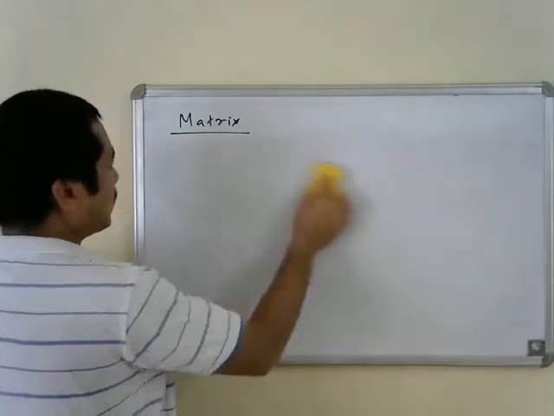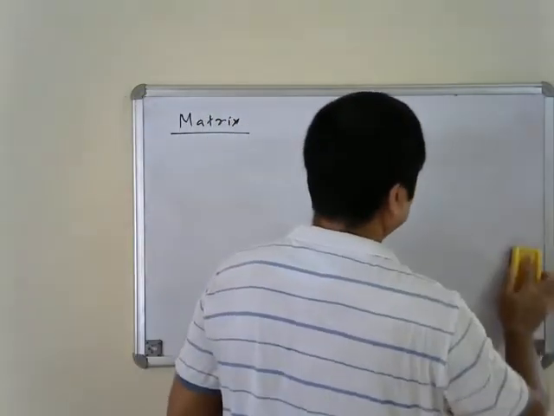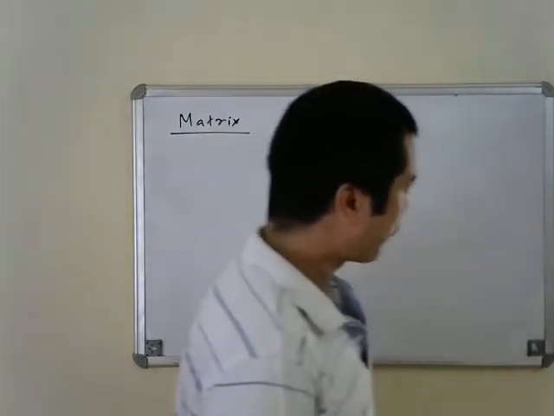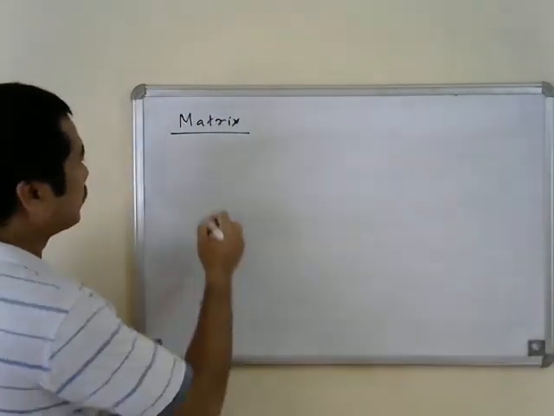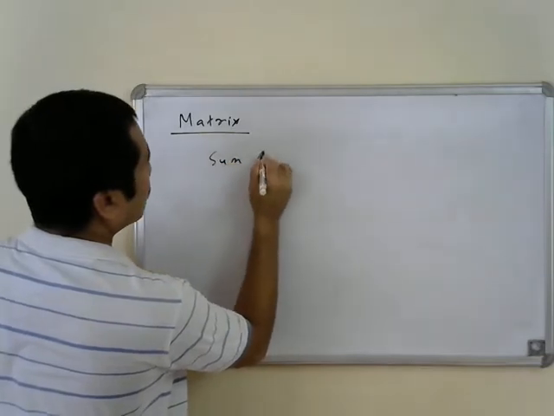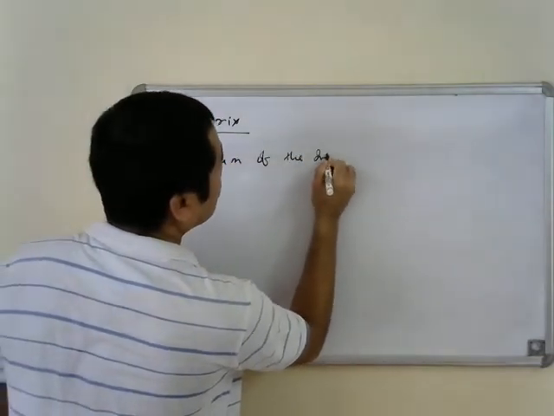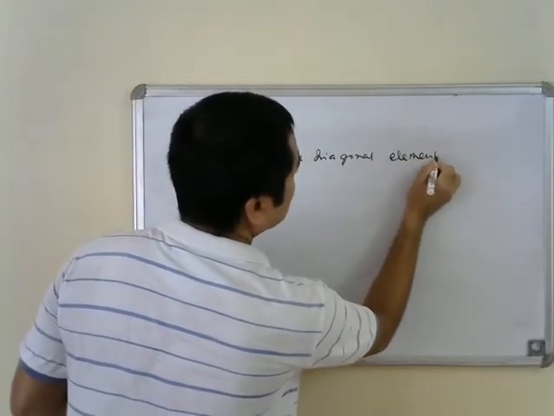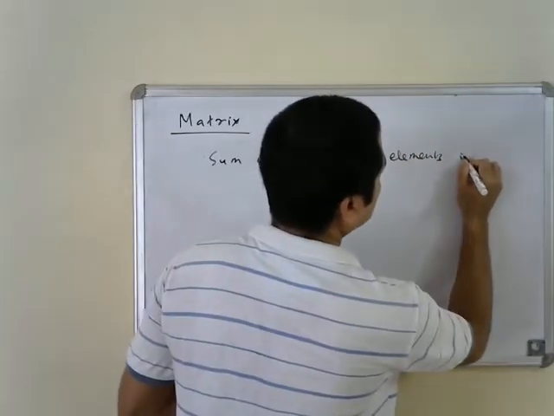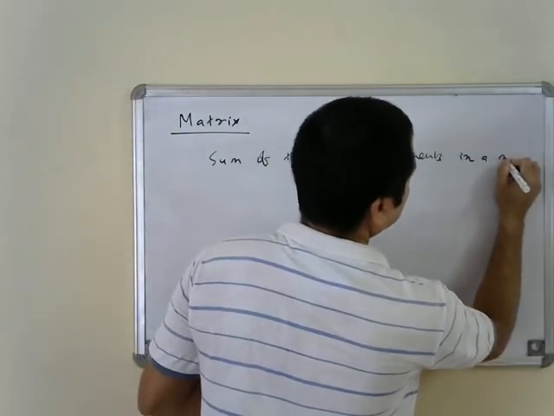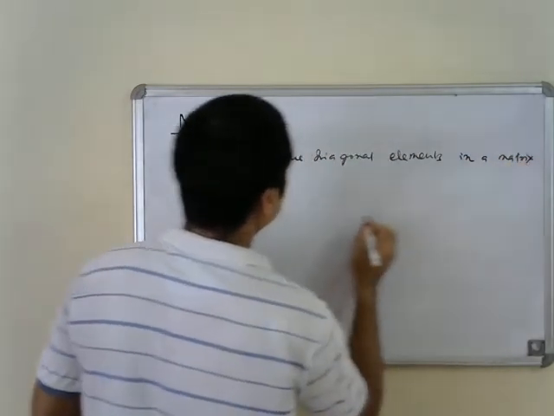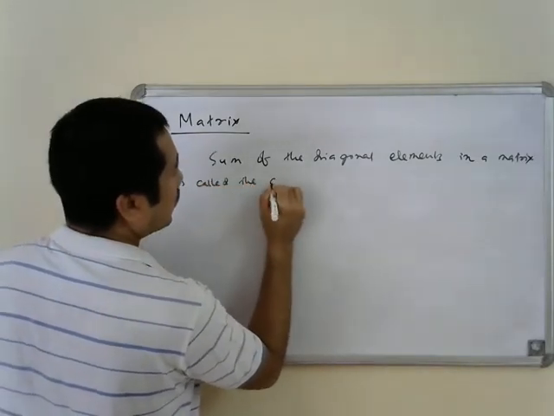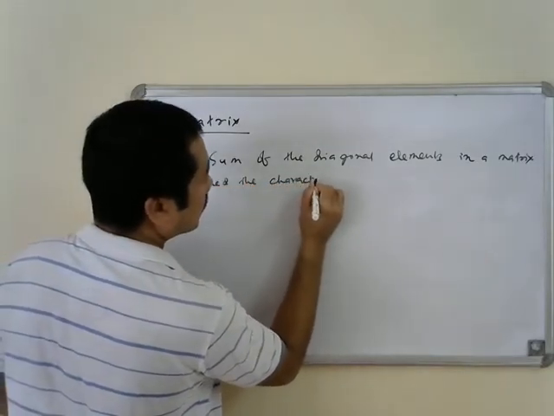One more important characteristic of matrices, again important for us, is the sum of the diagonal elements within a given matrix, which is called the character of the matrix.